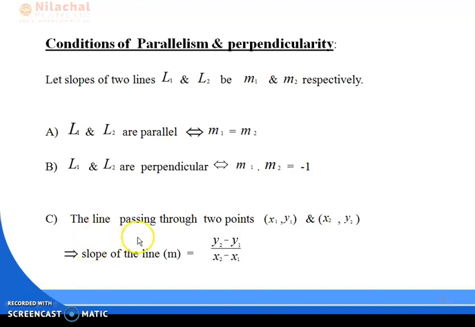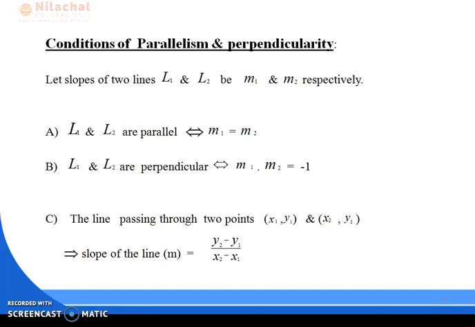Another thing, which is very important, is the line passing through two points, x1, y1 and x2, y2. What does that mean? Two points are given, and these two points lie on that line. So if two points of a line are given, then even if we don't know theta, the angle of inclination, we can still find the slope.